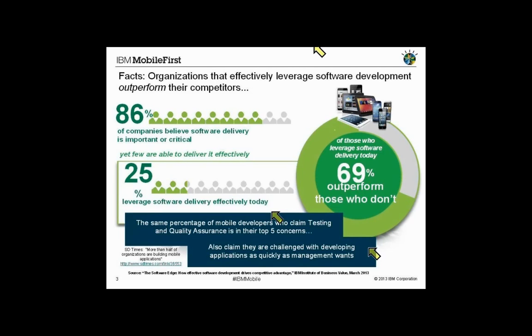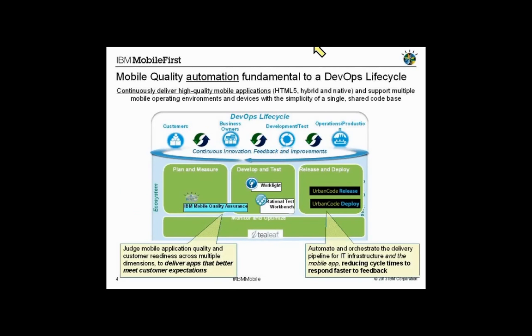Today, we're going to continue our mobile quality assurance study group to emphasize that some of these trade-offs can be improved by using automation, to help improve and streamline the mobile quality development that's fundamental to a DevOps lifecycle.